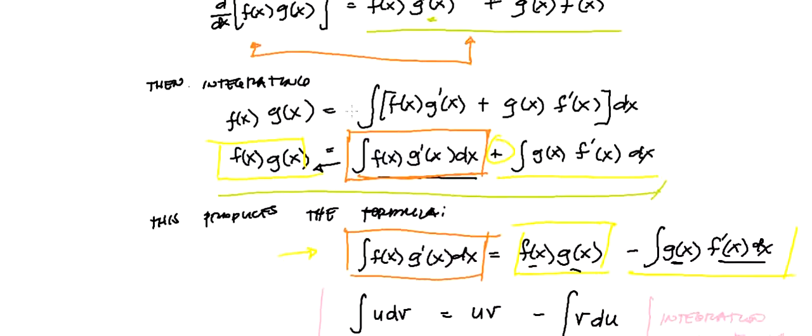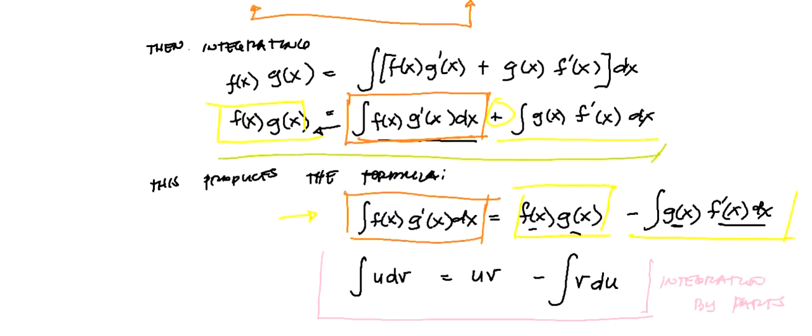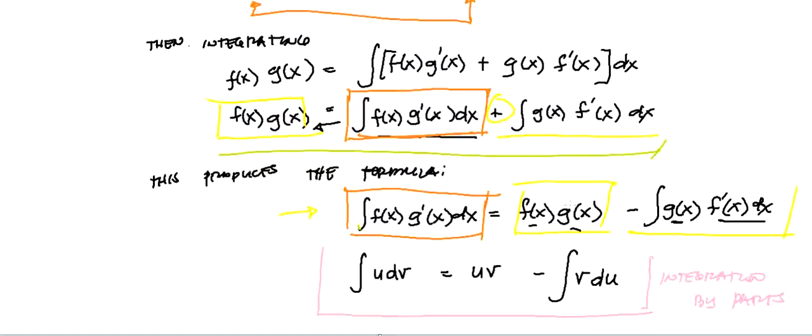Okay, so after establishing that equation, we further get the formula, where we equate f of x times g prime of x dx into our integrated functions. We come up with this one, and then we change this in terms of the letters we have.